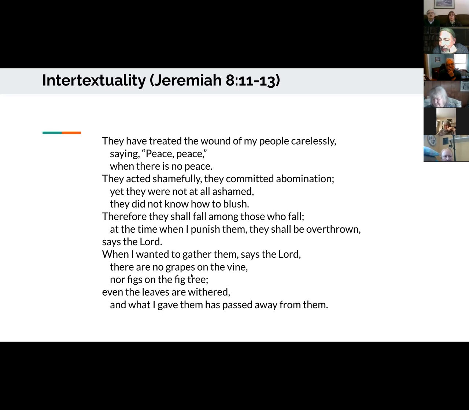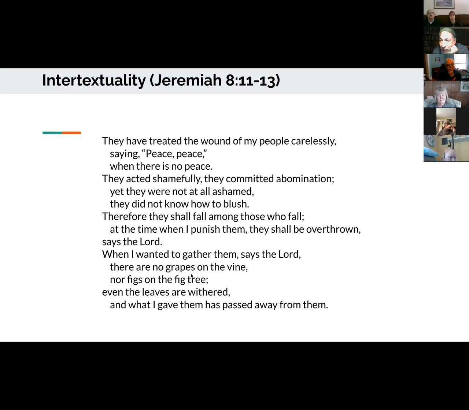And if you'll see, this is Jeremiah's indictment of the religious establishment in Israel. So this is just exactly what Deb was talking about earlier.